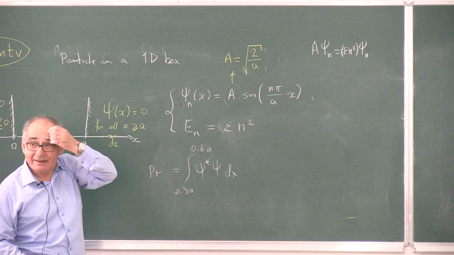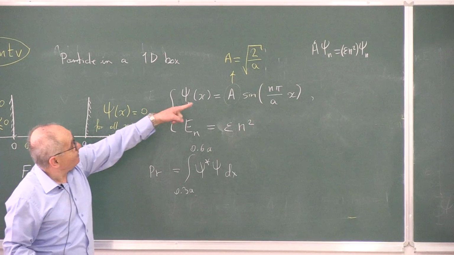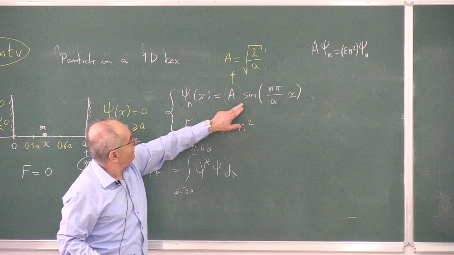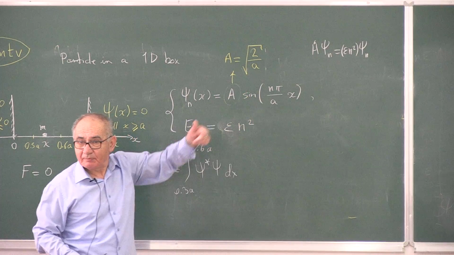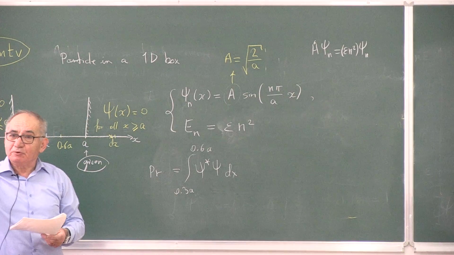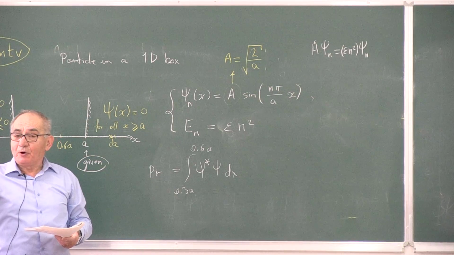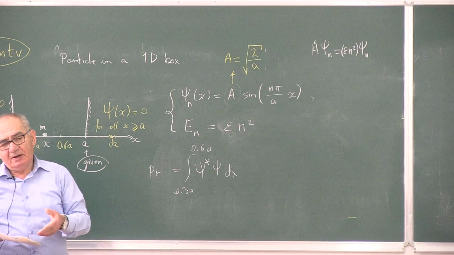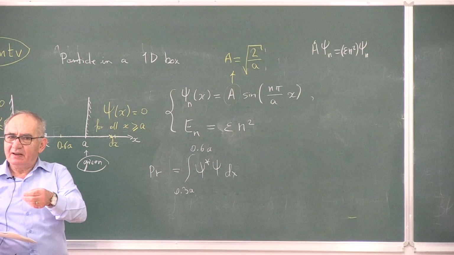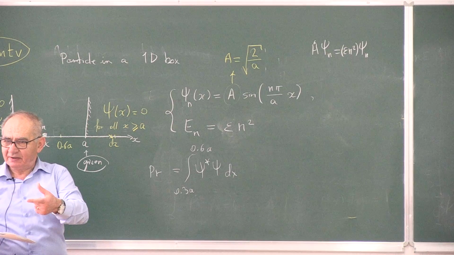Infinitely many, right? For each n, we have a different psi function. Therefore, we have to indicate for which state we want to calculate. Let us start with the ground state.